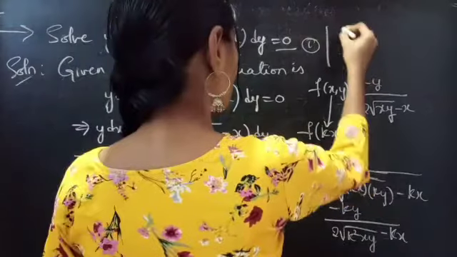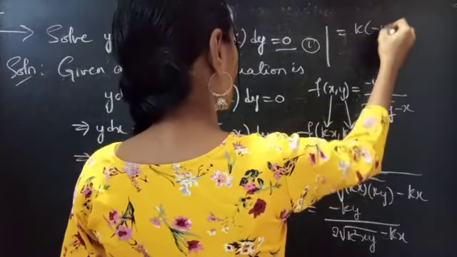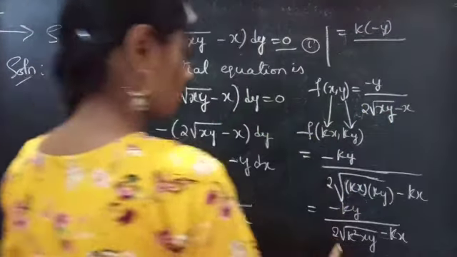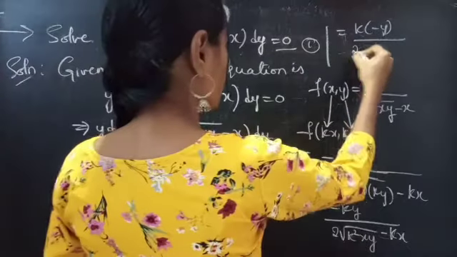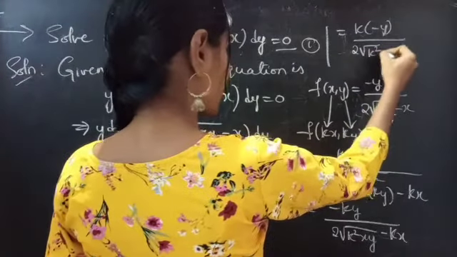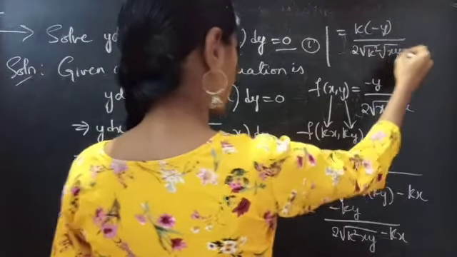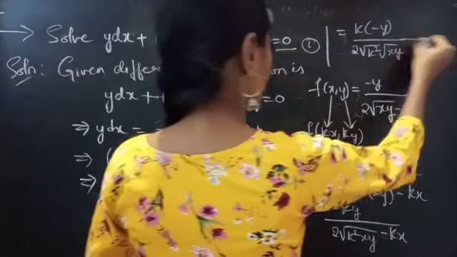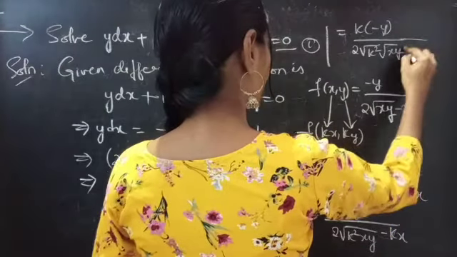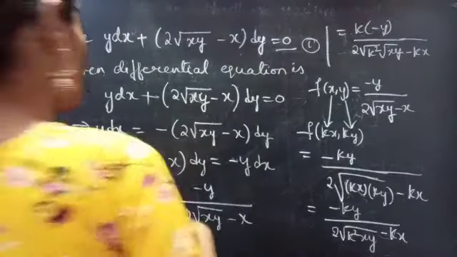So you can also write this as k times minus y by 2 into square root of k square into square root of xy minus kx, right?